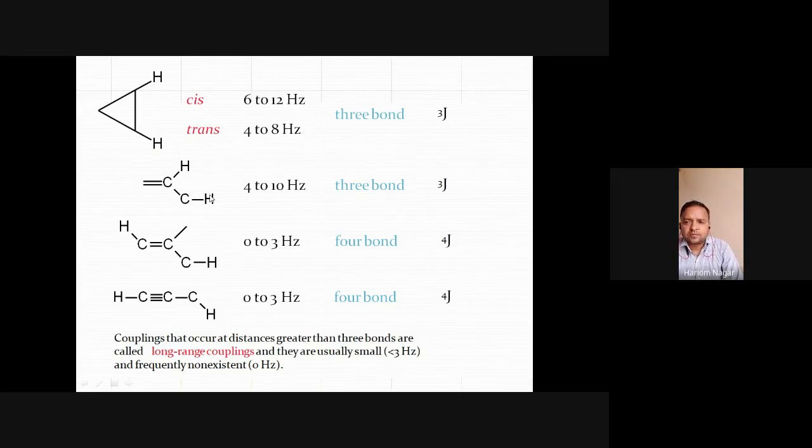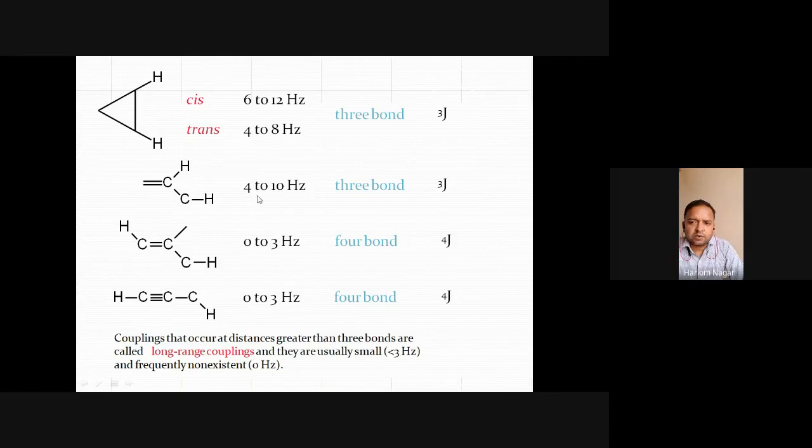And for the vicinal protons in this compound, this carbon is sp3 hybridized. For these sp3 hybridized protons, this is not a planar compound, so the coupling constant value is not too high.